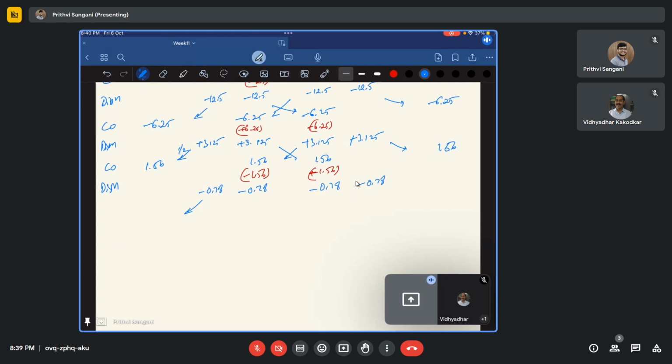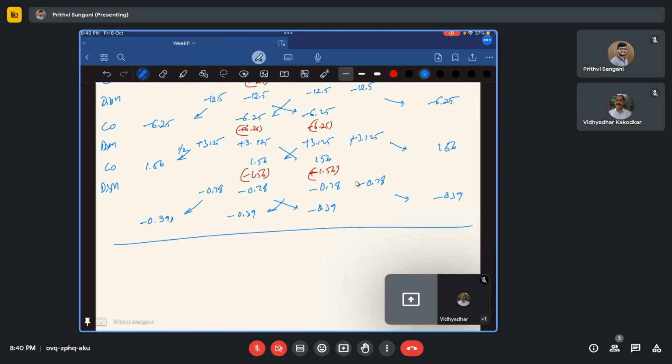You can do these steps until you get some level of accuracy. The next carryover will be 0.39, minus 0.39, and minus 0.39, and so on and so forth.